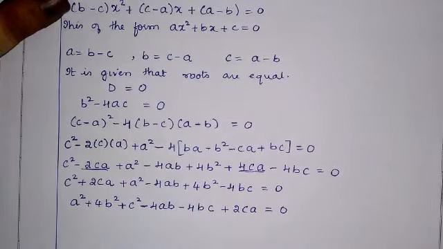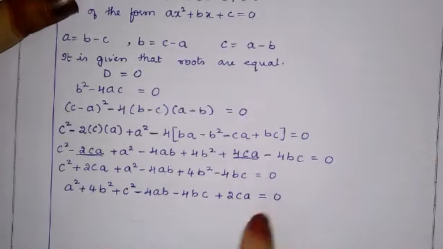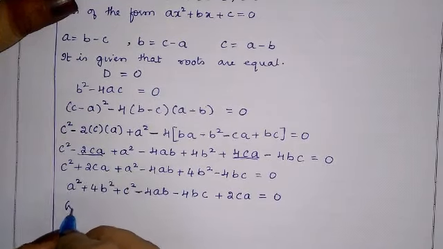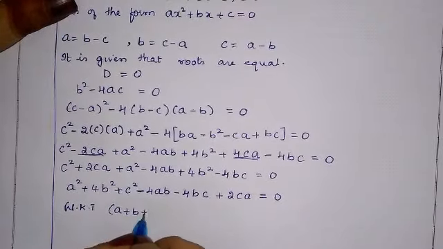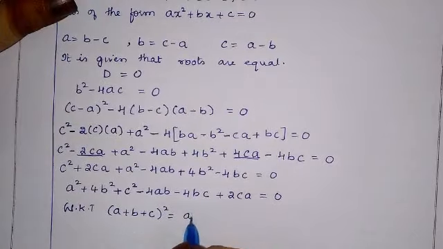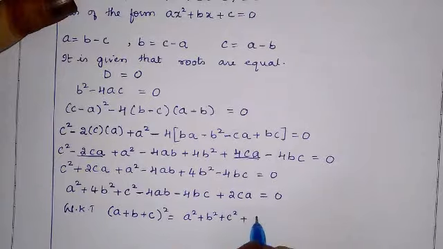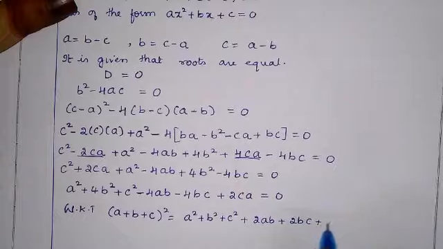Now we can see this is of the form of one formula we know. I'll write the formula. We know that (a plus b plus c) whole square is equal to a square plus b square plus c square plus 2ab plus 2bc plus 2ca.